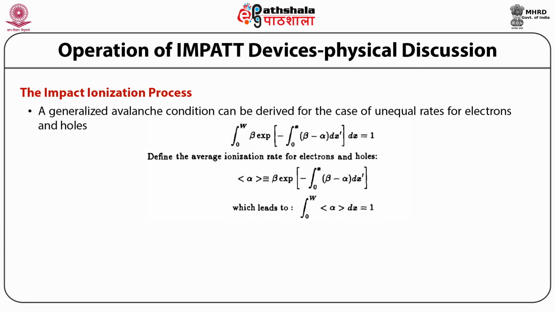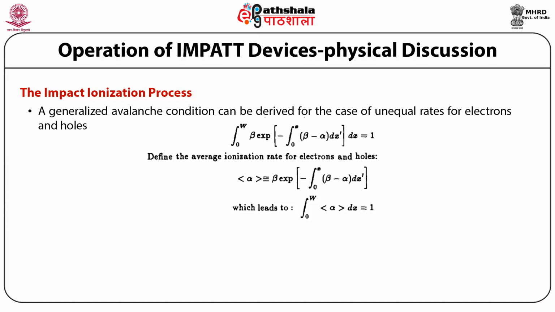So a generalized avalanche condition can be derived for the case of unequal rates for electrons and holes. That is, we can write the integral from 0 to W of beta multiplied by exponential of minus the integral from 0 to x of (beta minus alpha) dx prime, this bracket closed, the integral over dx equal to 1.